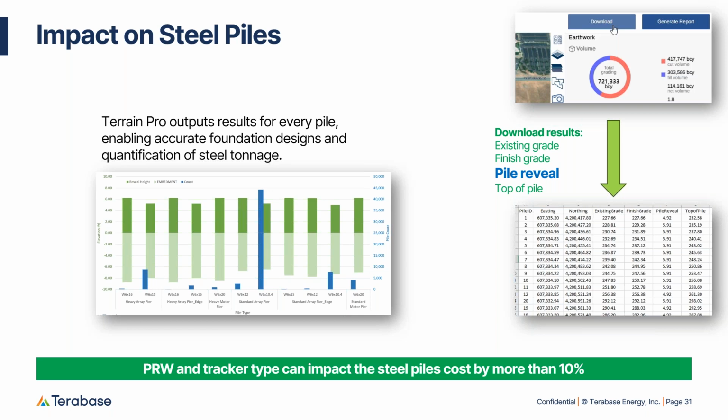The pile reveal height for every pile and the ability to iterate over different pile reveal windows can provide visibility to the structural engineer and allow for steel optimization. As an FYI, we have found that pile reveal window and tracker type can impact total steel pile costs by more than 10%. So being able to iterate over this can be helpful from that perspective as well.